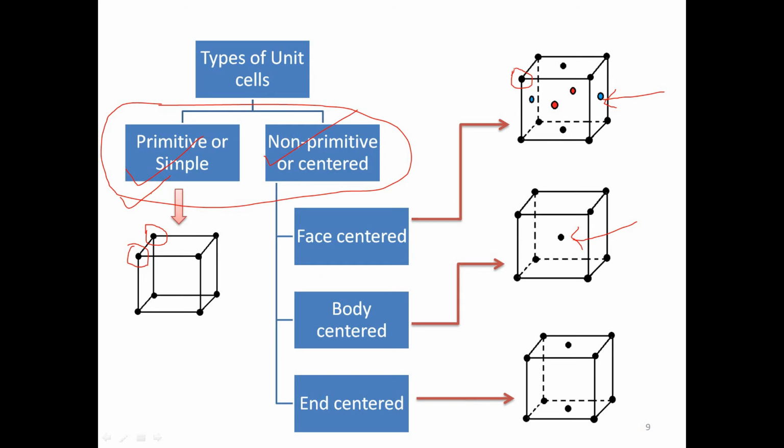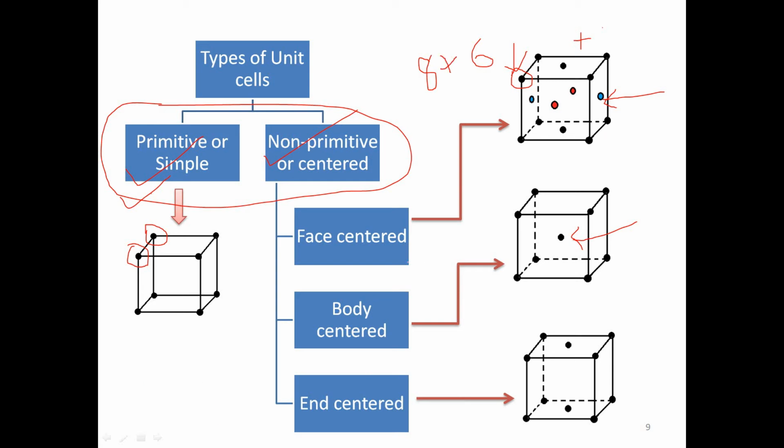What is face-centered? When constituent particles are present on the 8 corners plus the center of each face. We have a total of 6 faces and 8 corners, so 8 corners plus 6 faces in this case.